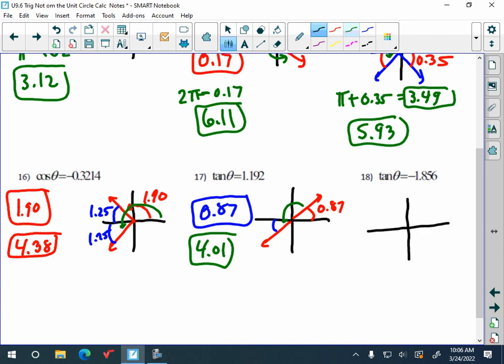Last one. All right, so the calculator is going to give you negative 1.08. That's this angle right here. Which is that angle right there.